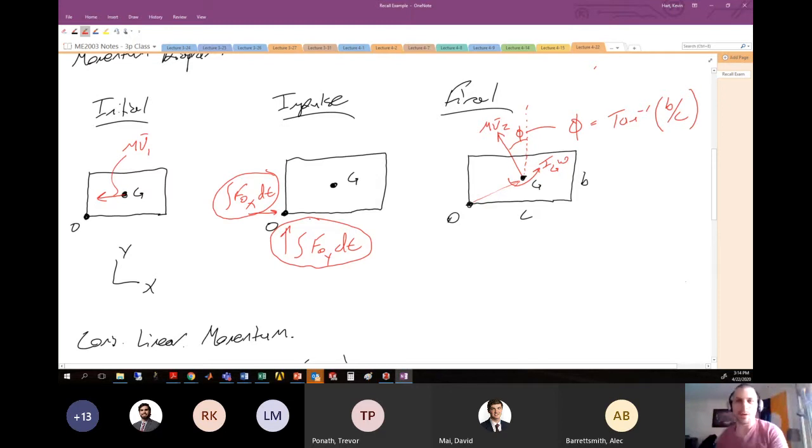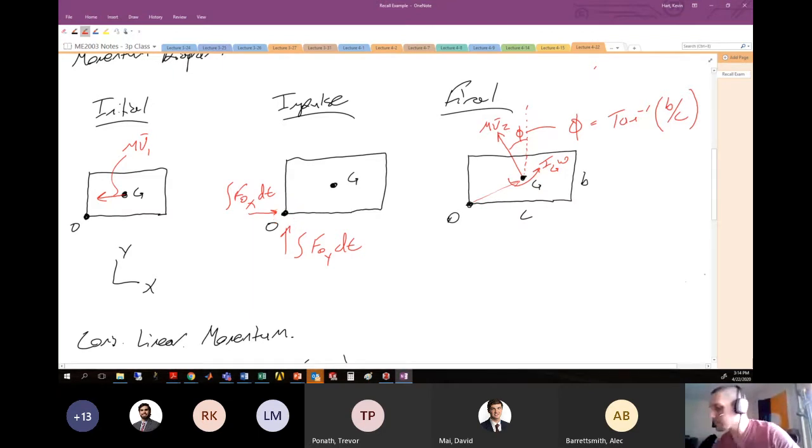All right. I don't like that. Not one bit. So because of that, it would be a lot easier if we just did our analysis at point O. Because if we do our analysis at point O, the impulsive forces are passing right through that point, meaning that they're not going to contribute any impulsive moments because there is no moment arm to those forces.